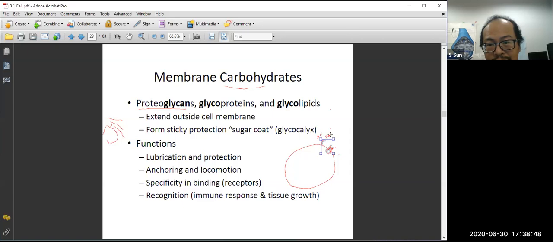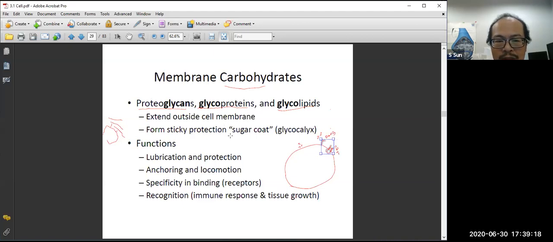Okay, so it binds to it. And if it binds to protein, it's called a glycoprotein. If it binds to the lipid, this one is a lipid here, it's called a glycolipid. So I think we mentioned something like that before. So that's the glycoprotein, glycolipid, and they extend outside of the cell membrane.